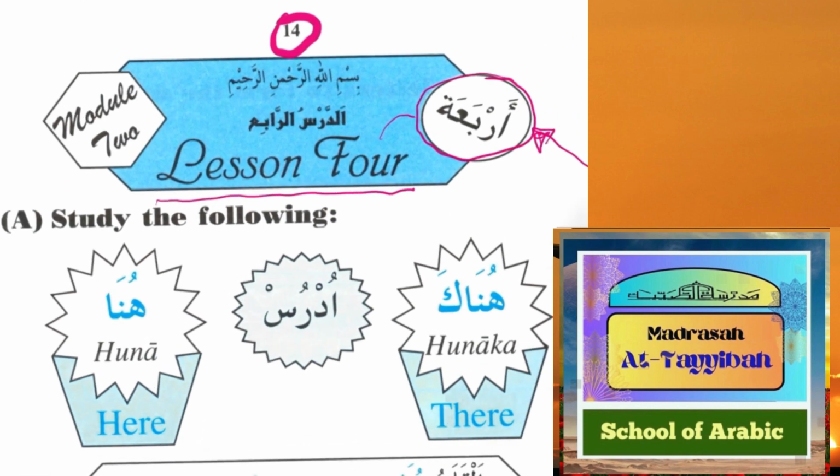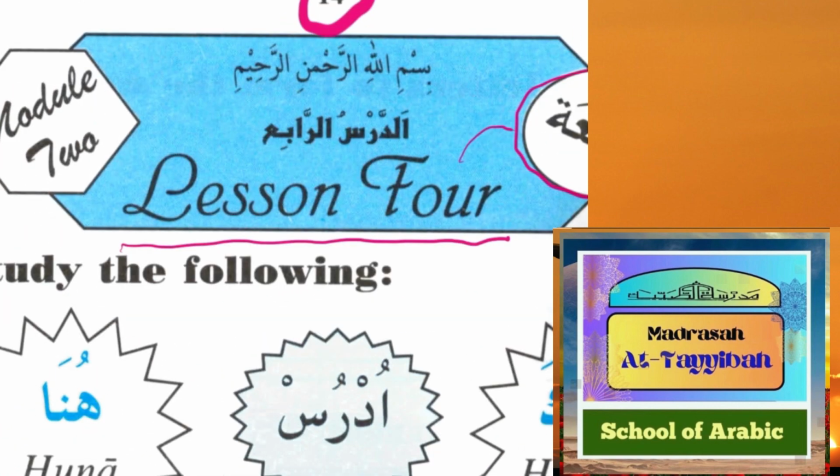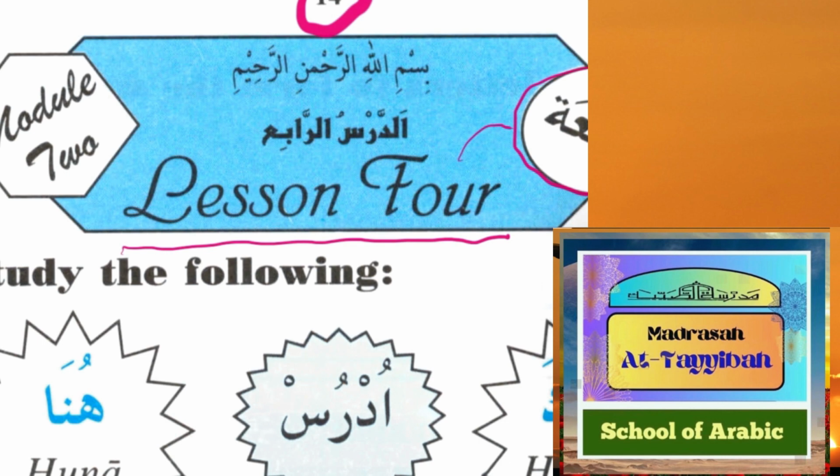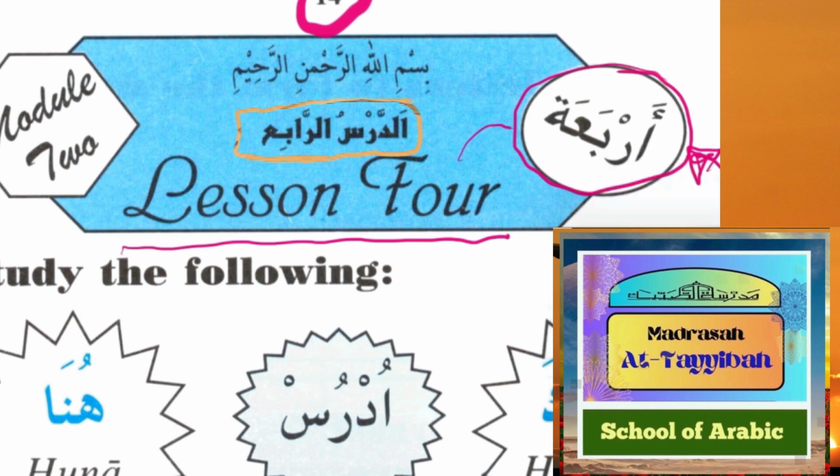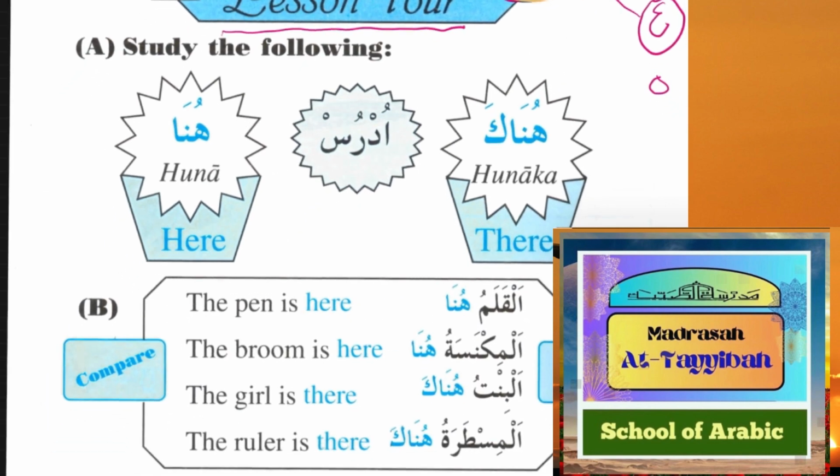However, if we say lesson 4, then in Arabic we are literally saying the 4th lesson, and that is ad-dars ar-rabi'. So we have arba'a, but in this case we say ar-rabi', the 4th lesson. I hope that's clear. طيب, let's move on.